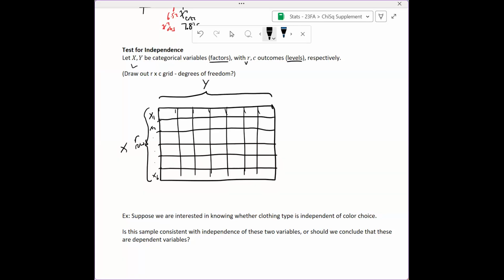And then variable Y has outcomes as well. Similar thing, maybe what color pants the person's wearing. Y1, Y2, Y3, Y4, Y5, Y6, Y7, let's say. So here there are C columns. Now, these rows and columns result in row totals.